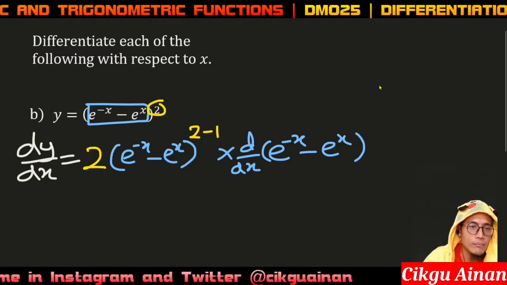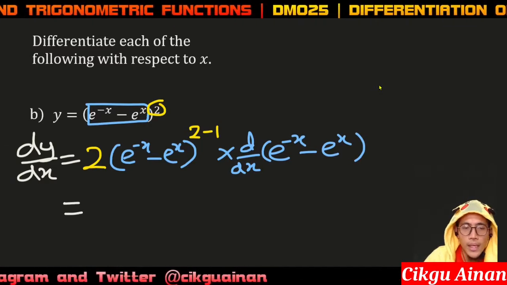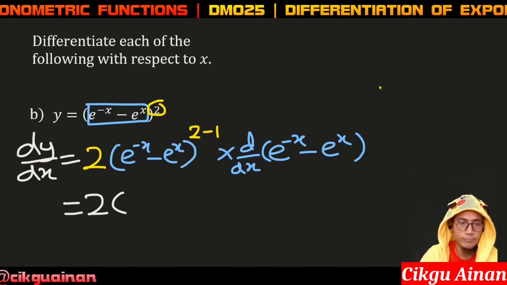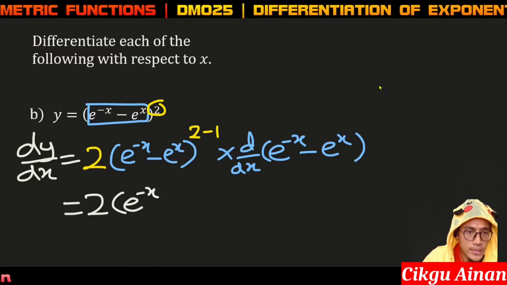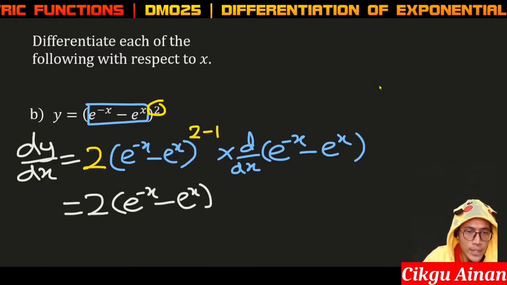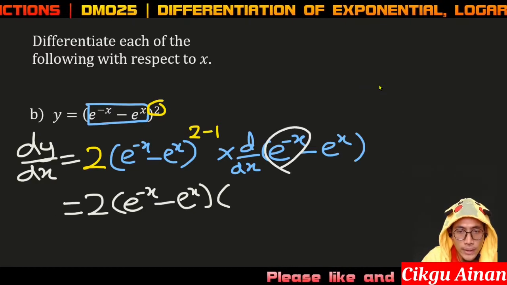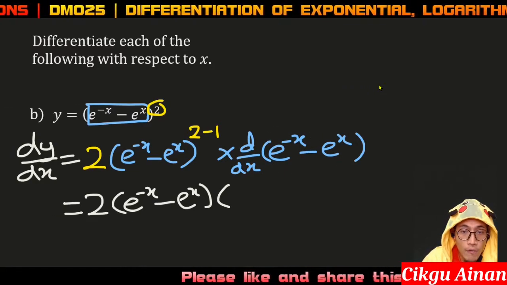Okay, now, next one. So this one, 2, let it be. 2 minus 1 is 1. So e to the power of minus x minus e to the power of x. And then we differentiate this one properly. Since there are 2 terms over here, we have to form a bracket.